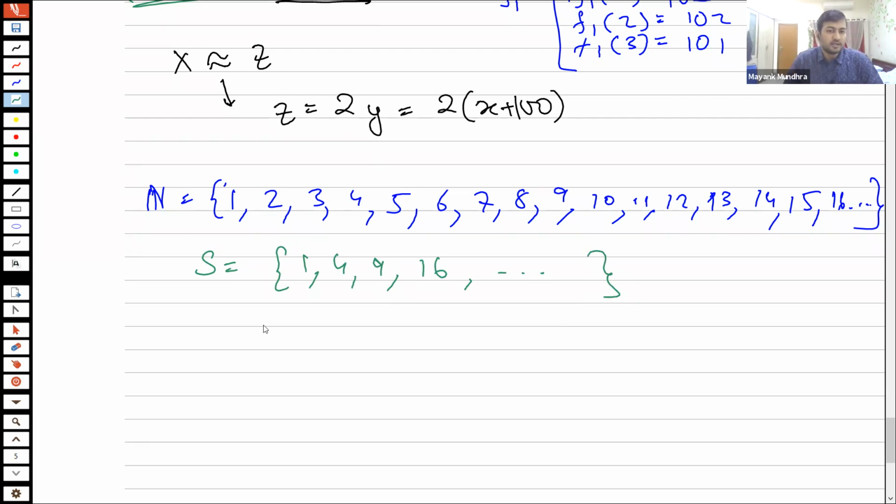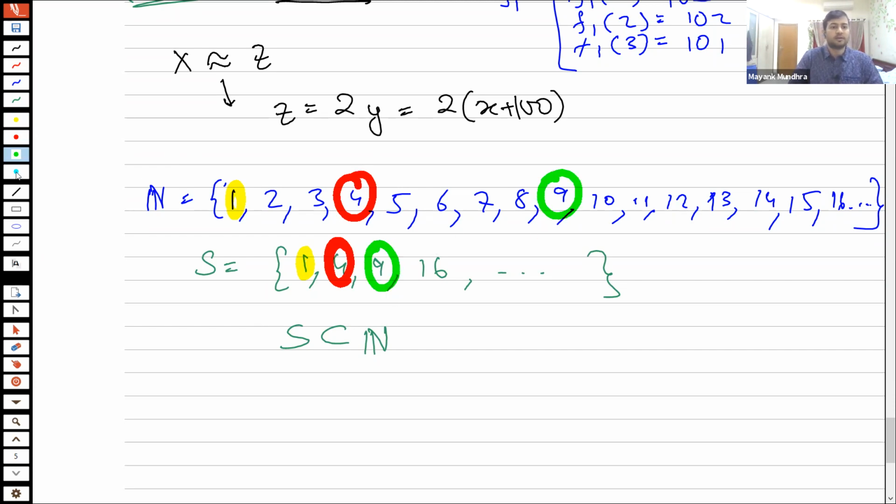Now, obviously, the set of squares is a proper subset of the set of natural numbers because all the numbers here appear in N. There is no number in the set S which is not present in the set N. So obviously, the set S is a subset of the set of natural numbers.